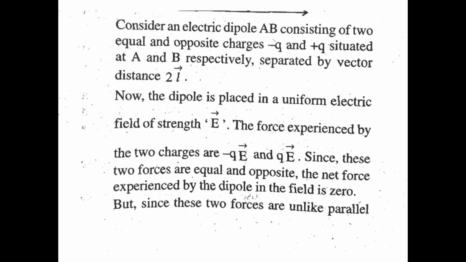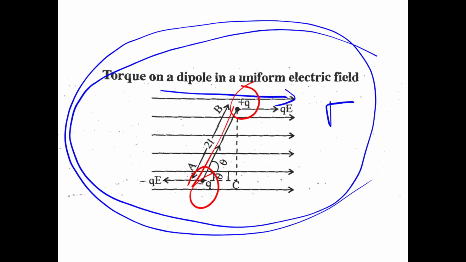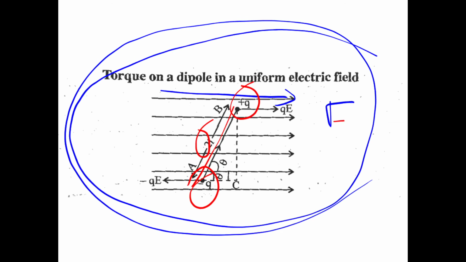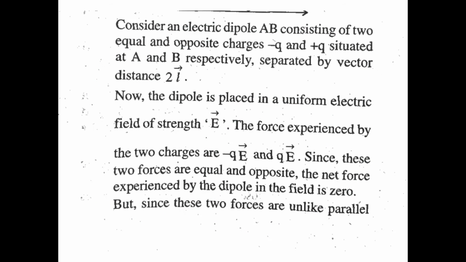They are separated by a small distance 2L vector. Now the dipole is placed in a uniform electric field of strength E.